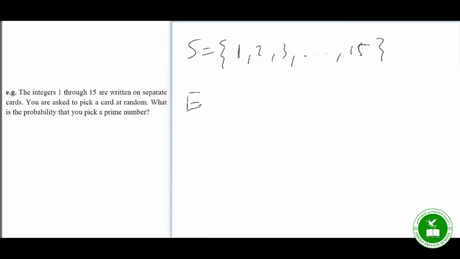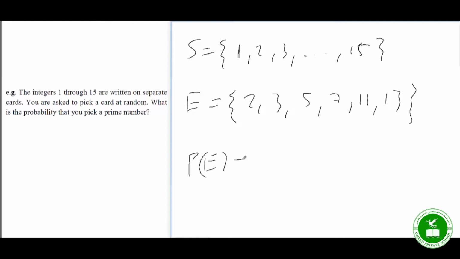So let's write the prime numbers from 1 up to 15. What are they? 2, 3, 5, 7, 11, and 13. So what's the number of event here? 6. Let's find the probability for this event.